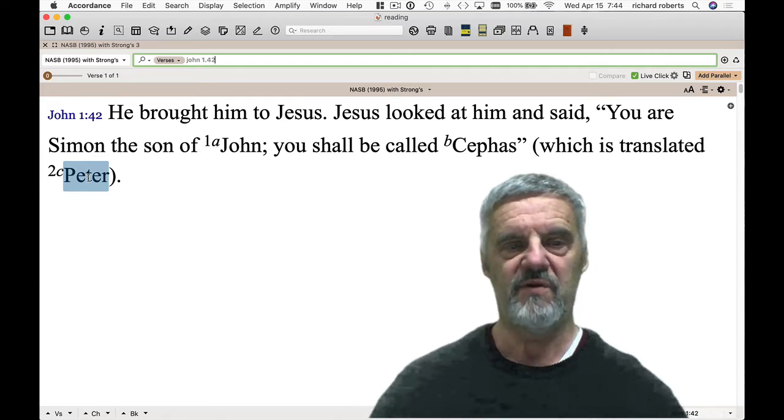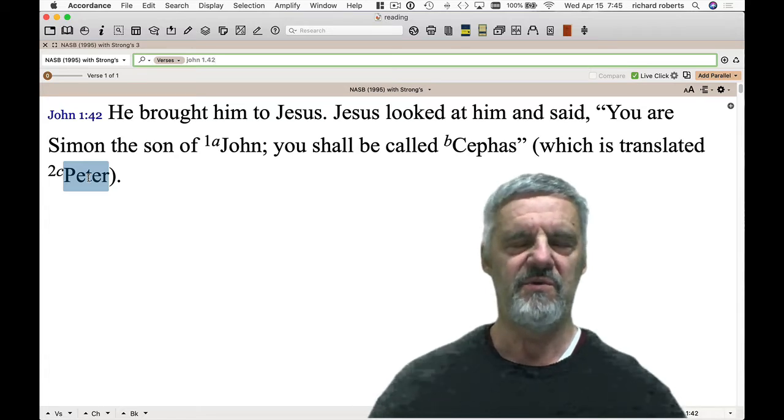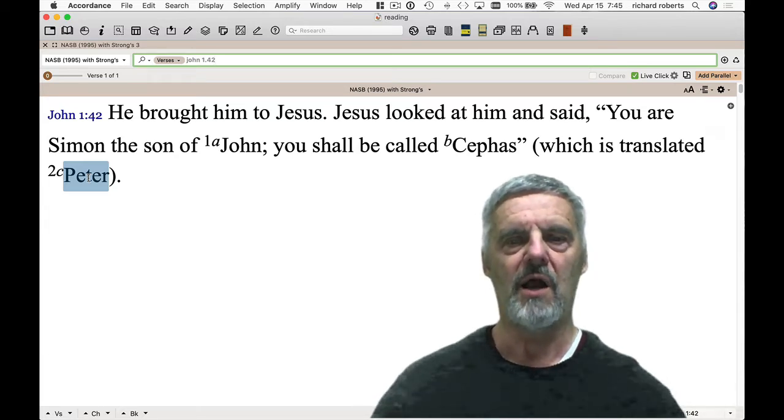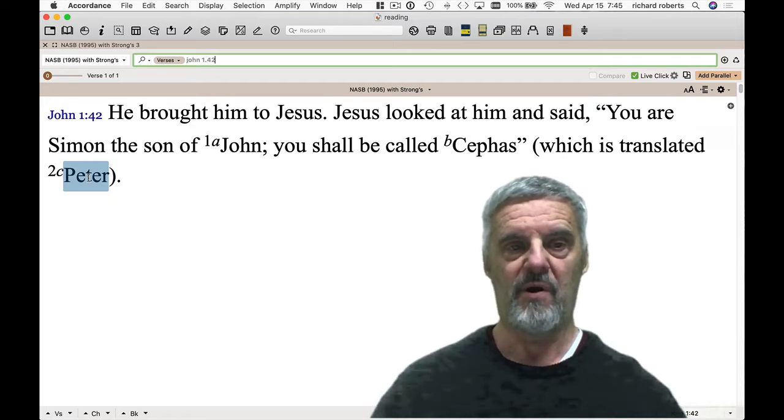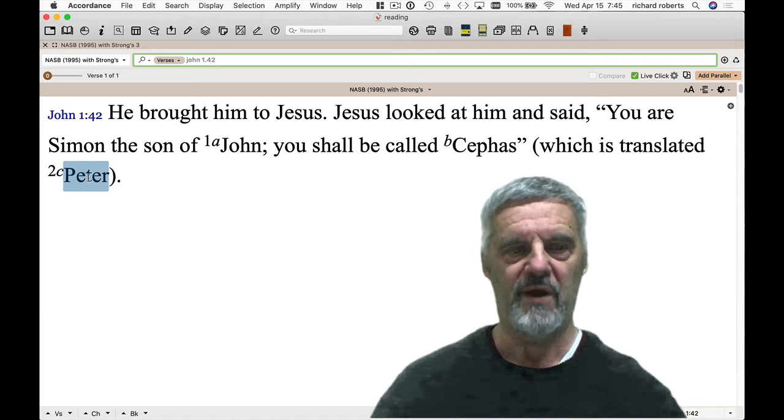The difference between these 2 words used with relationship to the Lord and the word for stone, that word Evan, is that Evan is something that's movable. The words that are used as images for the Lord are not movable.